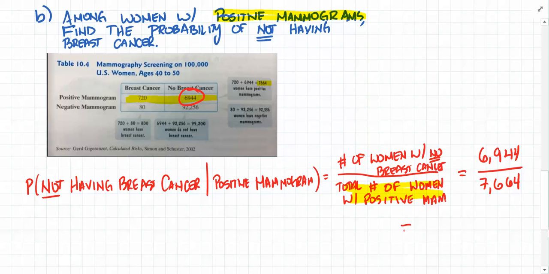When you run this through your calculator, you get a 0.906 chance that among the women with positive mammograms, they do not have breast cancer. So this is empirical probability because our denominator has changed, as we're only considering the women that have positive mammograms.